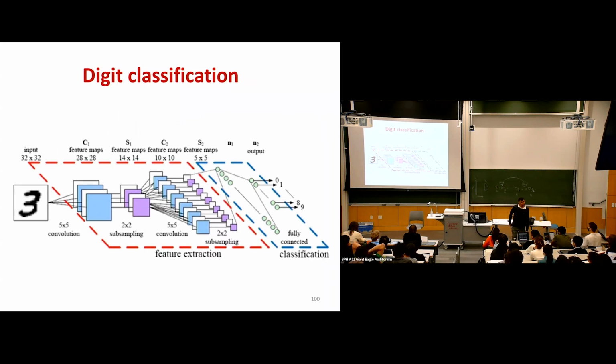CNNs were not always so popular. They've sort of taken off in recent years. And where does the story come from? The earliest version of a popular CNN goes back more than 30 years to Yann LeCun's LeNet, where he was trying to recognize handwritten digits. So this was his first convolutional neural network model. Now, before this, people were trying all kinds of simple classifiers, logistic regression, linear classifiers, other kinds of things to recognize these handwritten digits.